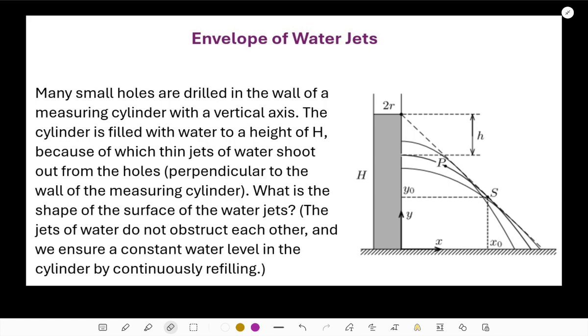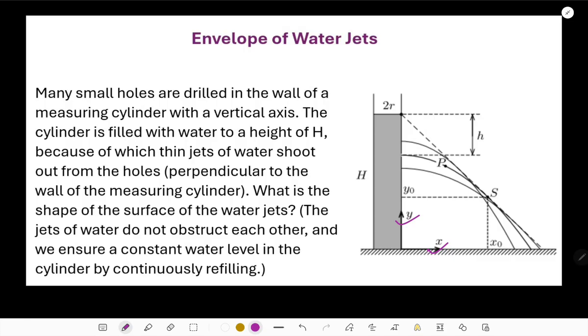So let us consider a plane section of this surface aligned with the axis of the cylinder, and use the coordinate system we provided here, the x and y axes, in this manner.